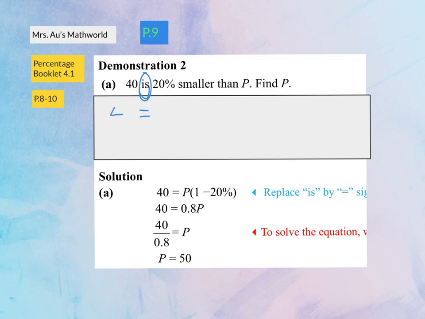For example, part A, 40 is 20% smaller than P. Then P goes first, times the percentage which is smaller, 1 minus 20%. So you can see we can form an equation very quickly. After that, you use division and you can find the answer for demonstration 2.